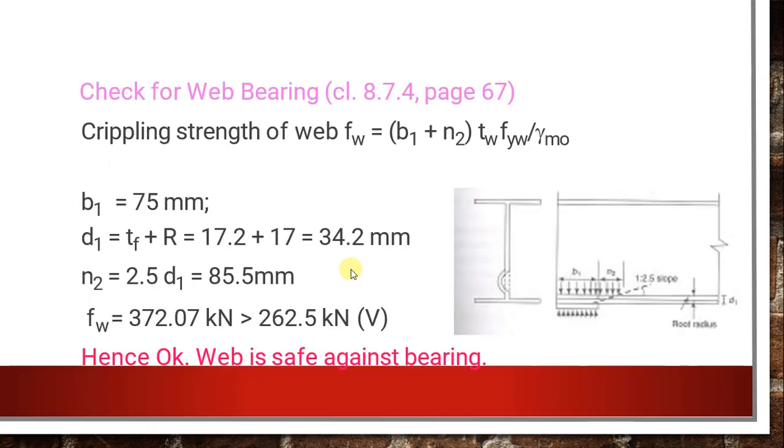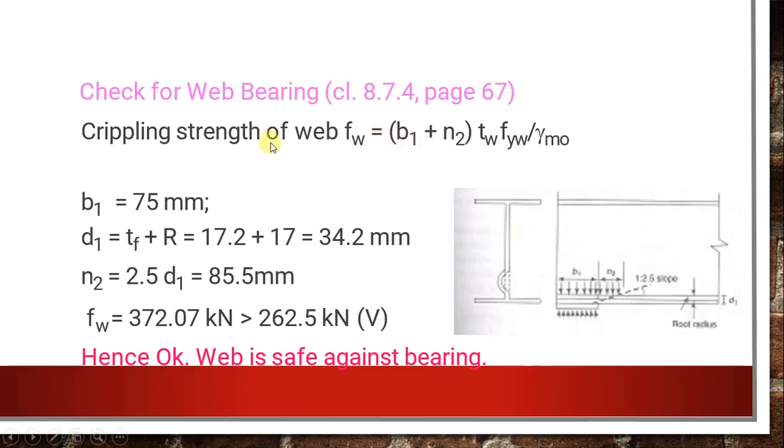Okay. Now at last, you have to check the web bearing criteria. So the crippling strength of web Fw is equal to (b1 plus n2) tw fy upon gamma m0. This formula is given in clause 8.7.4, page number 67 of IS 800 2007.